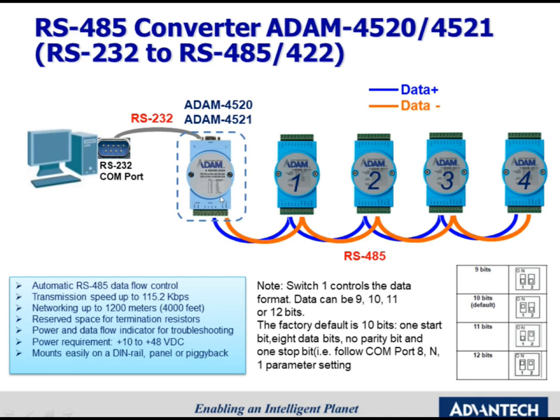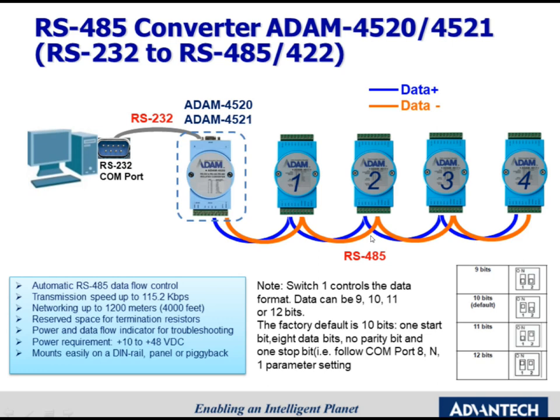Since the converter will convert RS232 signal to RS485 signal, you can use your PC to pull in multiple ADAM with RS485 interface. The transmission speed, or you can call it baud rate, we support is from 1200 bits per second to 115.2K bits per second.